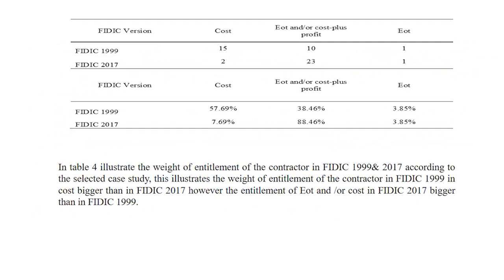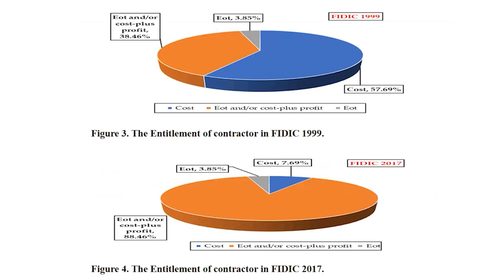The entitlement of the contractor in FIDIC 99 in cost is bigger than in FIDIC 2017. However, the entitlement of EOT and/or cost in FIDIC 2017 is bigger than in FIDIC 99.